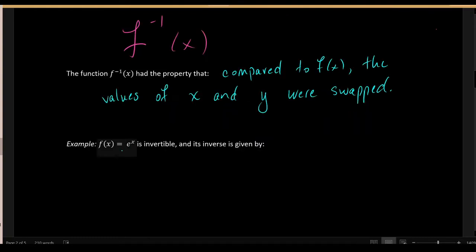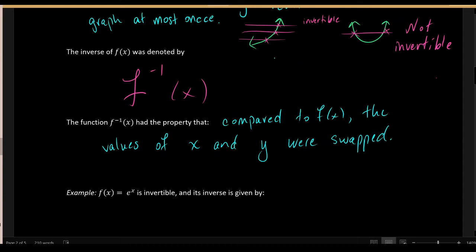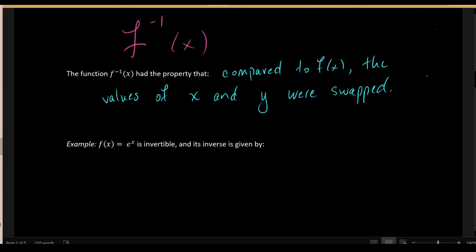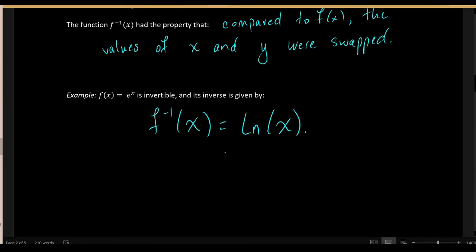To give you an example, we have the function f(x) equals e to the x. From its graph above, we saw that it is invertible. And the inverse of the function e to the x, the natural exponential, was given by its arch nemesis, the natural log. Exponential base e becomes log base e.